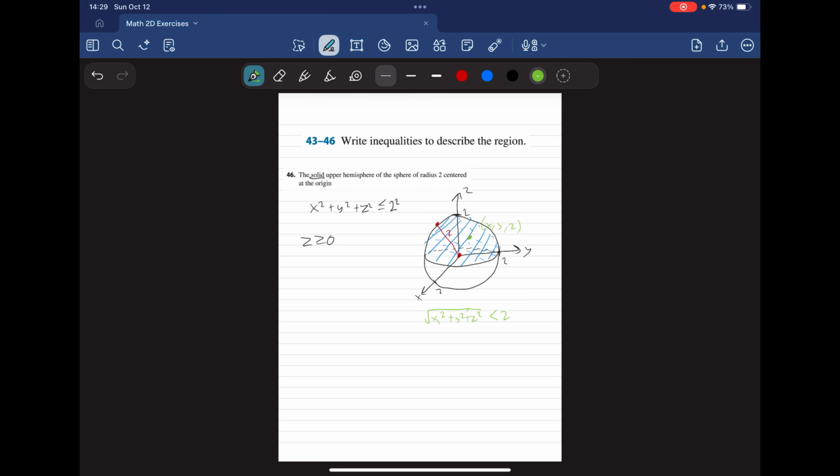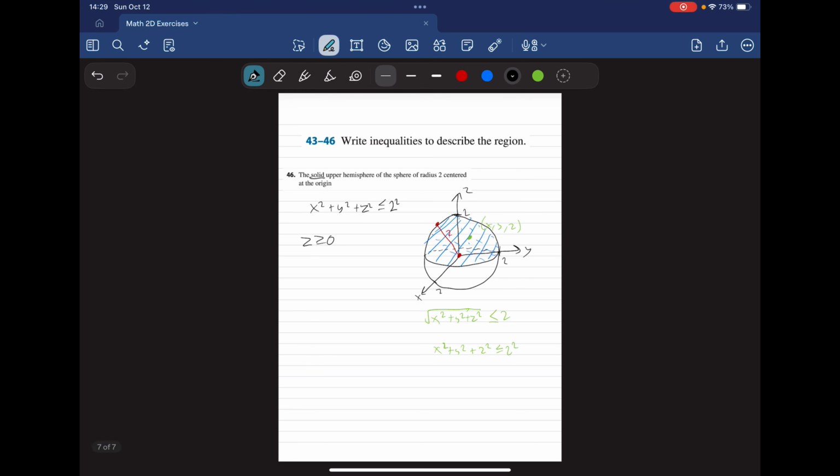So we get this inequality. And to make sure we include the boundary of the sphere as well, we tack on this less than or equal to, which is equivalent to this inequality here, just by squaring both sides.